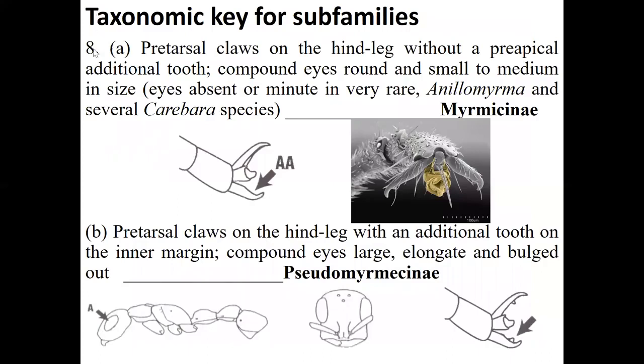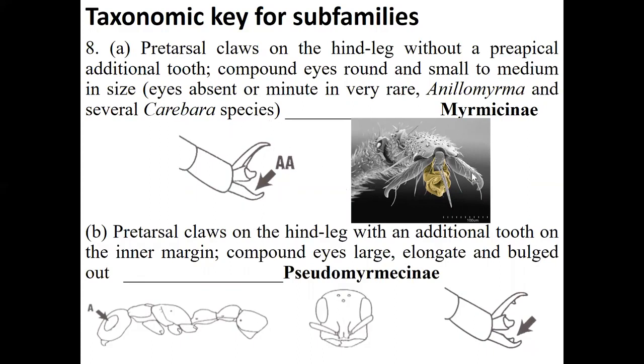Then moving on to number 8. If you remember number 8, that is because these members have two waist segments, petiole and postpetiole. In the first step in the key, part B was two waist segments present, right? Move to number 8 from there. Observe these tarsal claws.